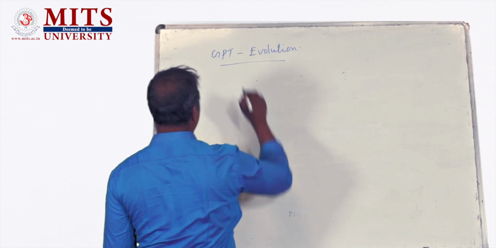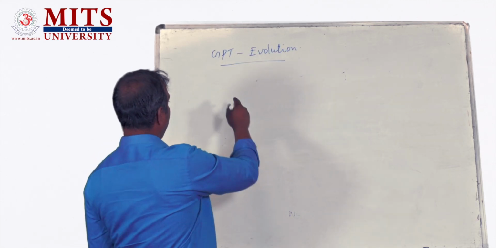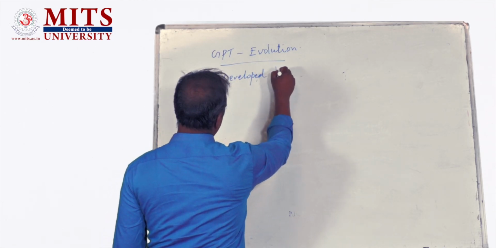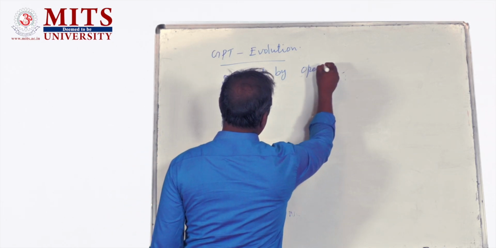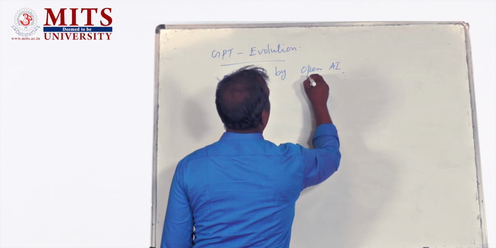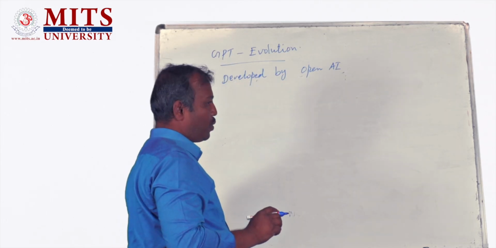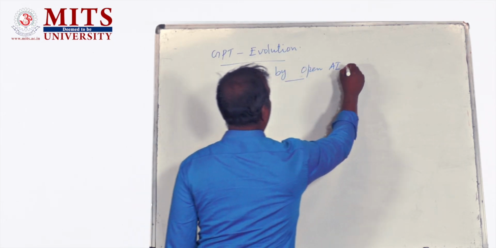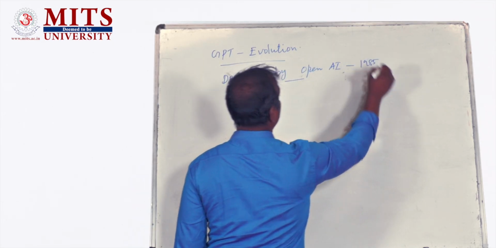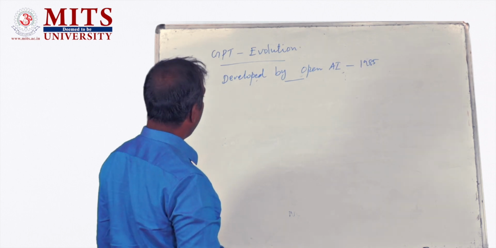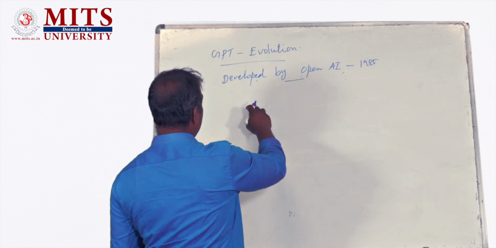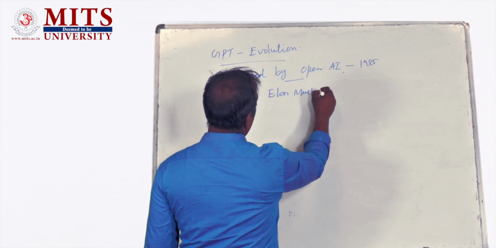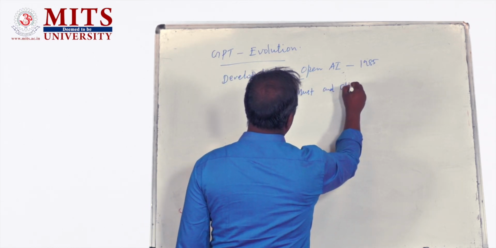First, it was developed by OpenAI in San Francisco, America, initially in the year 1985. Who started it? Elon Musk and team, and many other people.